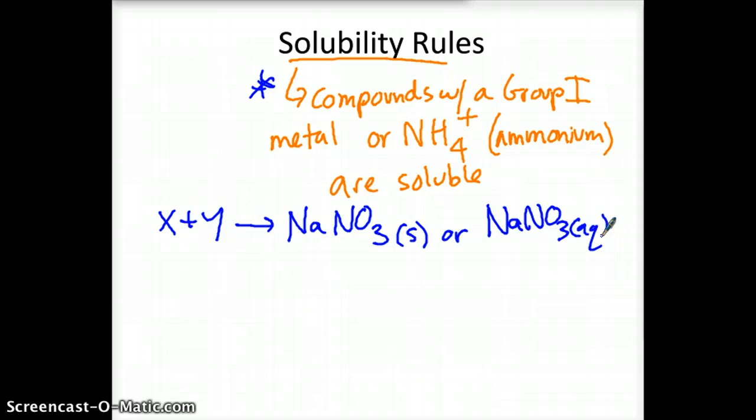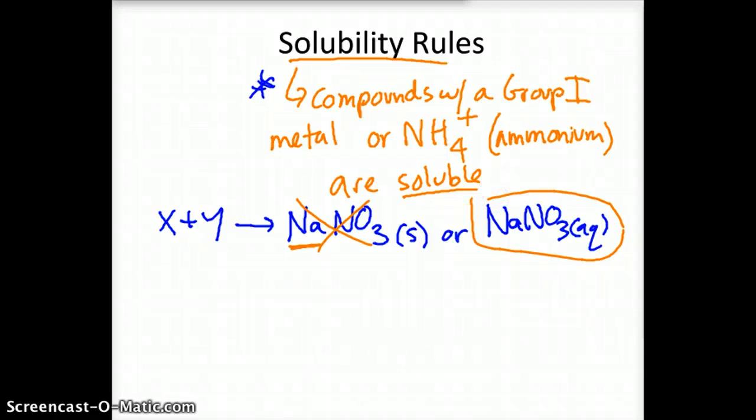Well, our solubility rules tell us that any compound with a group 1 metal or ammonium ions will be soluble. So this compound, does it have a group 1 metal or an ammonium ion? Yeah, it's got a group 1 metal, sodium. So this is soluble, which means if it's soluble, it's going to be aqueous. It's not going to form a precipitate.